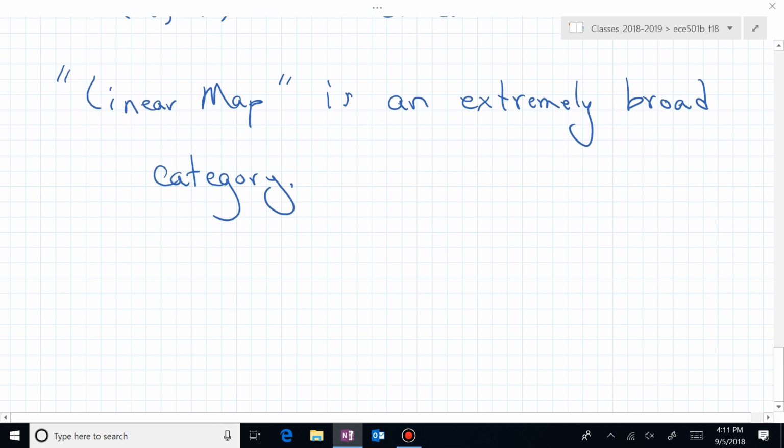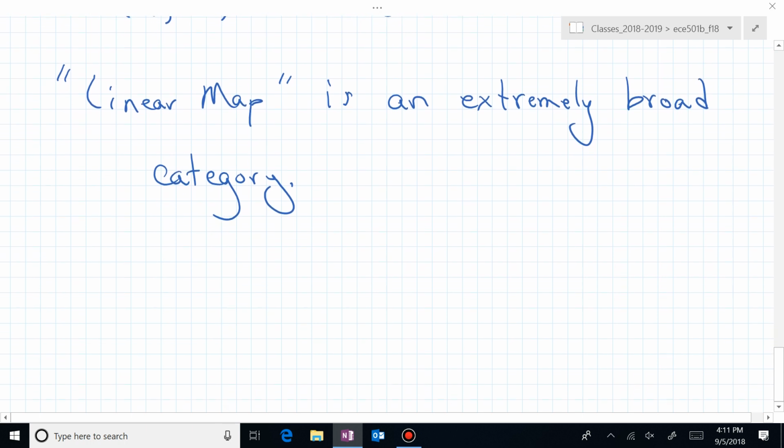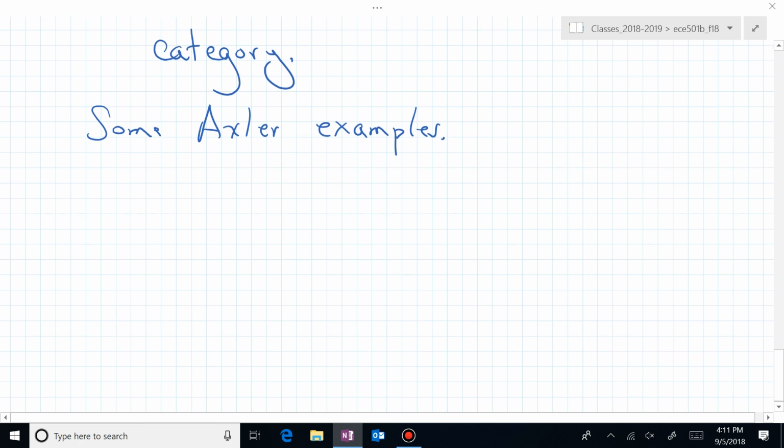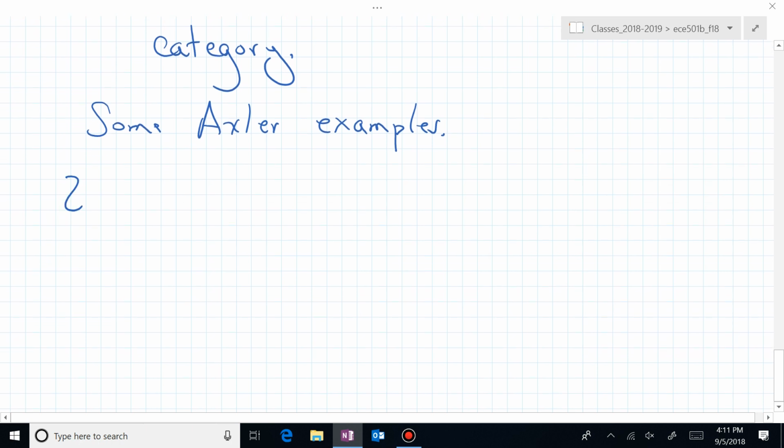Let's look at some examples that are discussed in the book. And that means we're in chapter 3. So one of the first examples is the zero map.